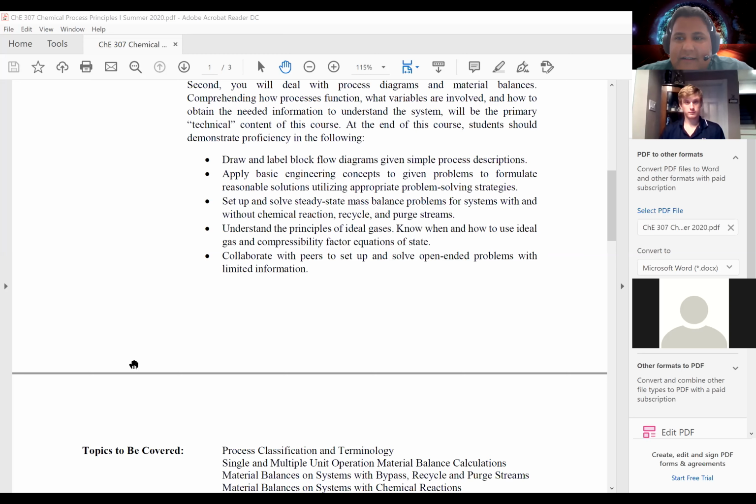If the goal is to find the concentration of a stream, I don't want you to just scribble some calculations on your homework solution and then circle this as a concentration. We need to be a little more organized, a little more thorough, because a big aspect of engineering is communication.